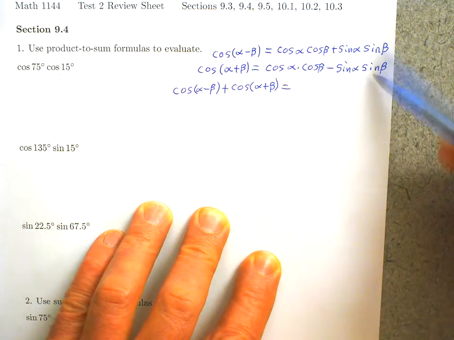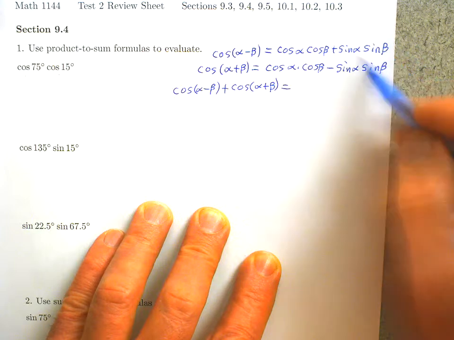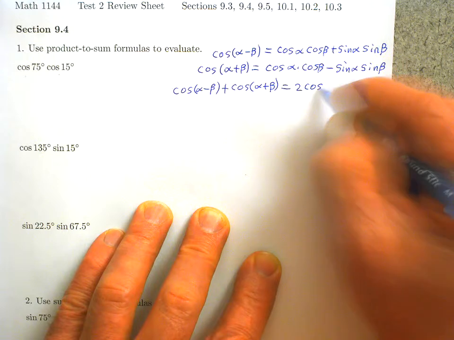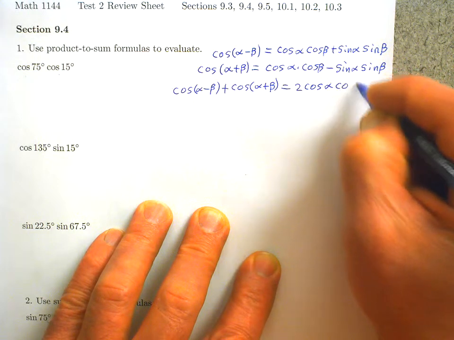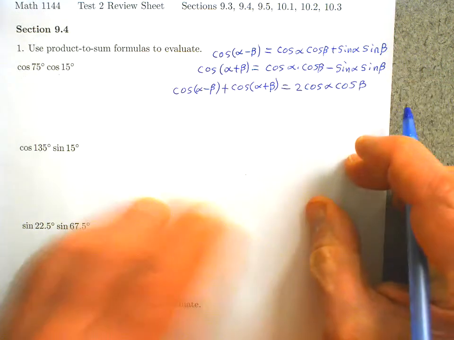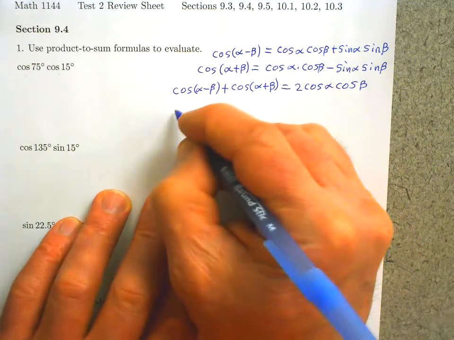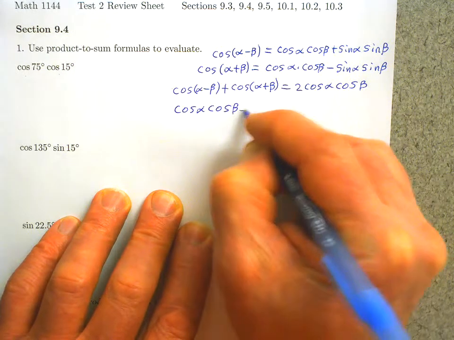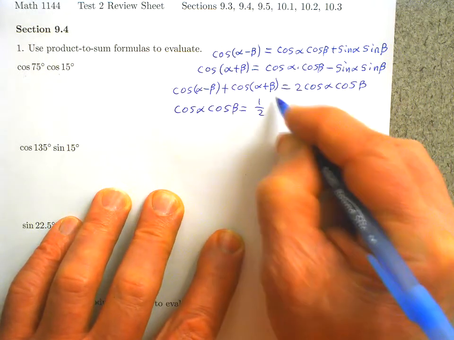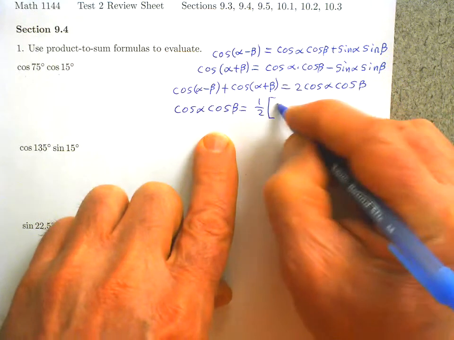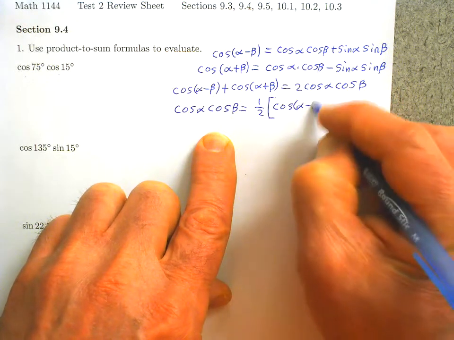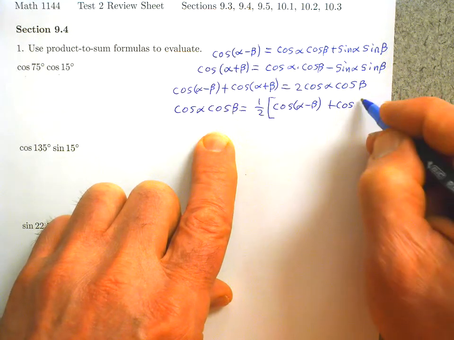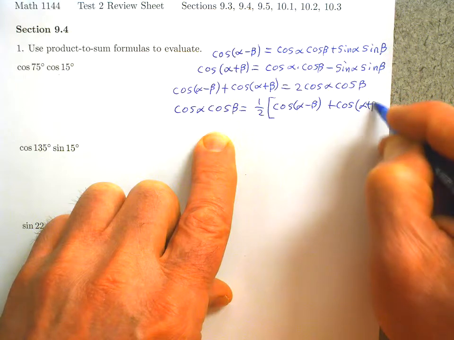And when we add the right-hand sides, these terms on the right cancel out, and we get 2 times cosine of alpha times cosine of beta. So the formula I want is cosine of alpha times cosine of beta equals 1/2 times cosine of alpha minus beta plus cosine of alpha plus beta.